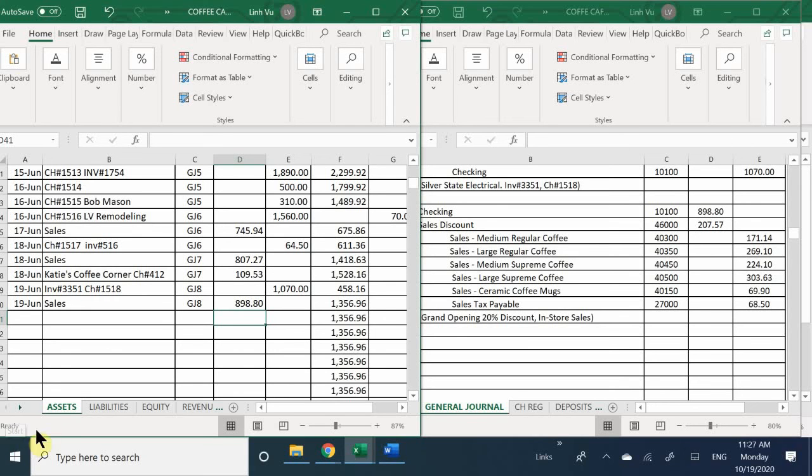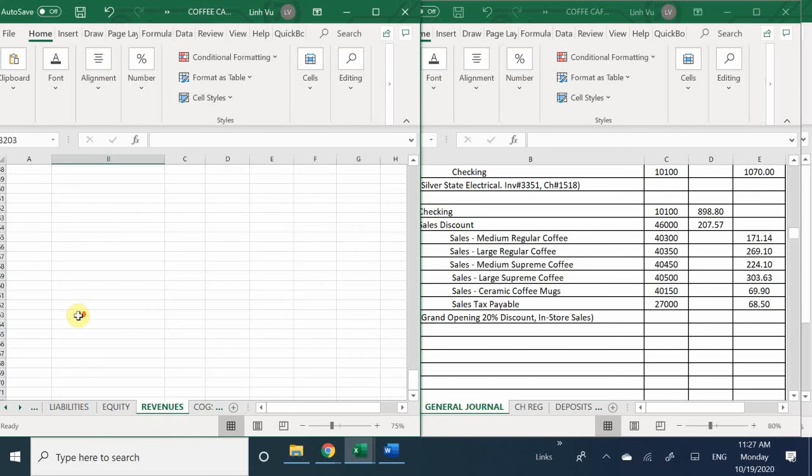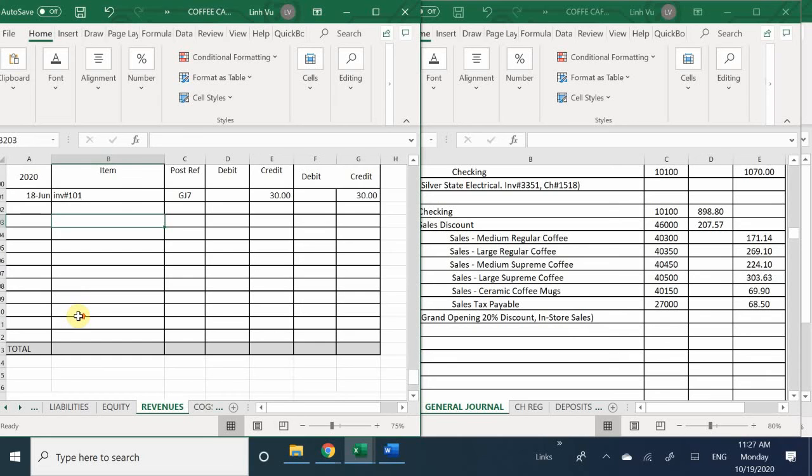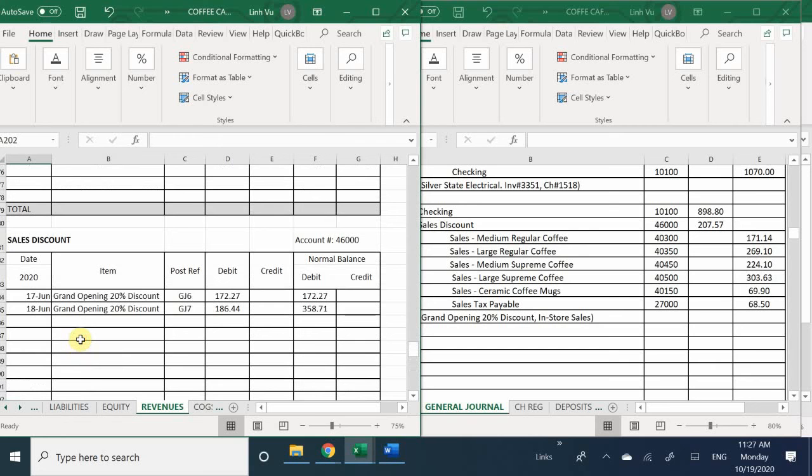Good. All right. What's my next account that I'm going to be looking at? Sales discount. Sales discount, which should be at the bottom of your worksheet or your workbook. I have delivery income. Here it is, sales discount. For the 19, same thing. Grand opening 20%.